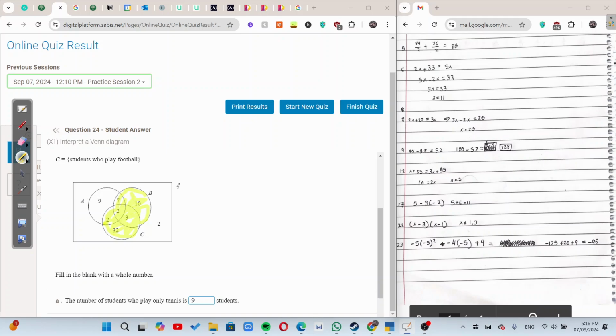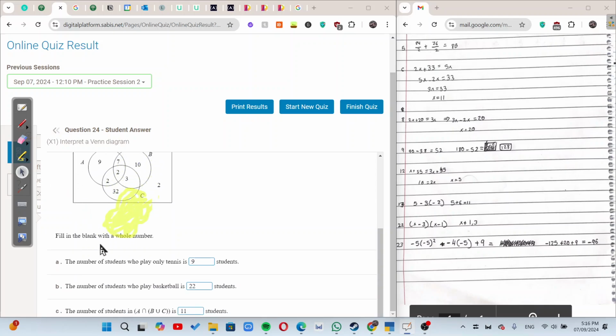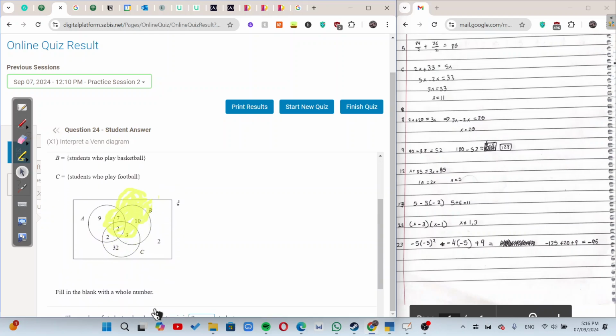So everything here is B union C. Union just means add the two places together. And now it's telling you A intersecting this. Intersecting means only common parts.